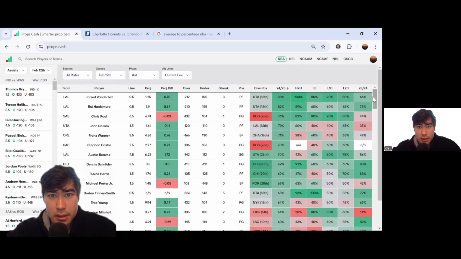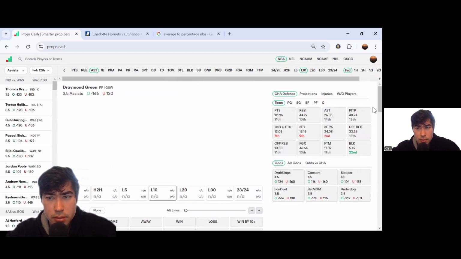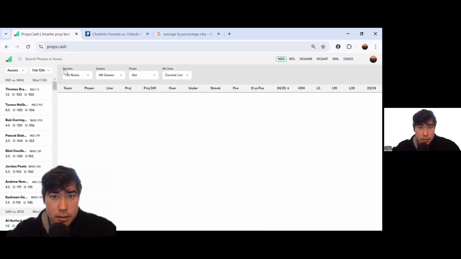Let's find a clear under. So let's see. Alvarado's getting minutes now, so this is a little bit skewed, and when he's getting minutes, he's going to be passing a bunch. Maybe Paul George. What's a clear under here? Draymond. This is a good under. Draymond at 6.5 assists. It's just on FanDuel.